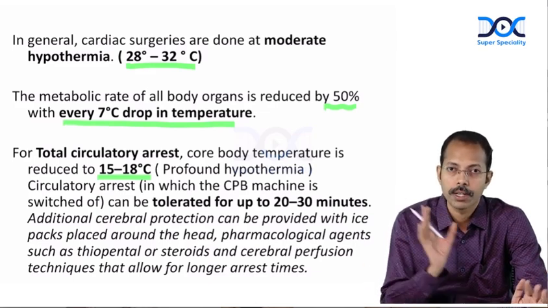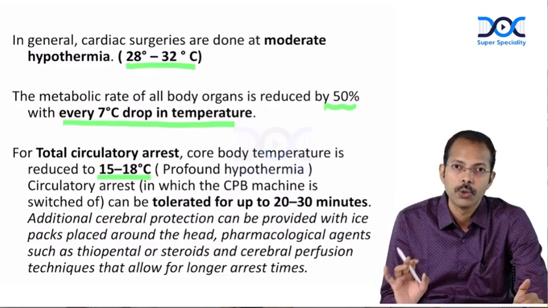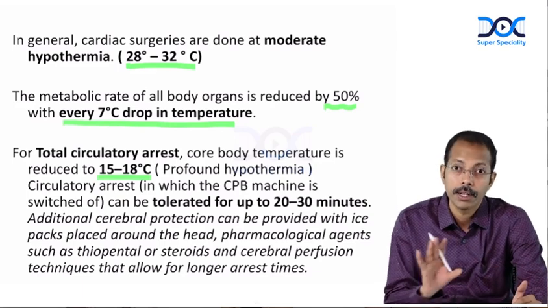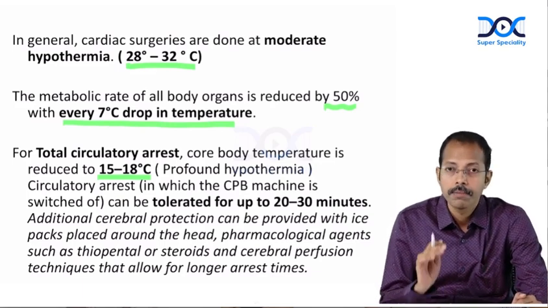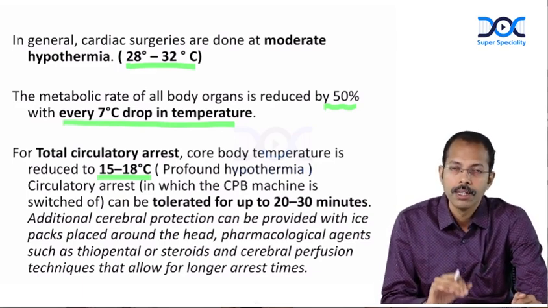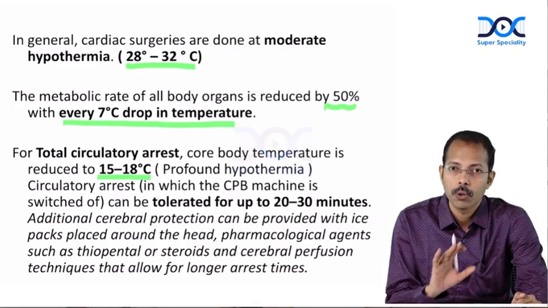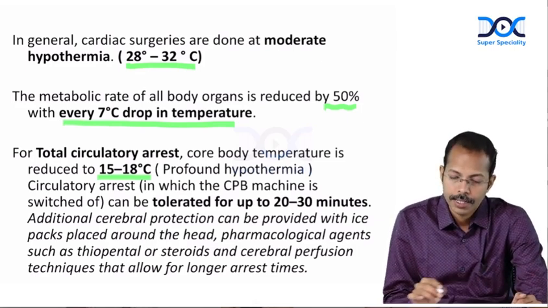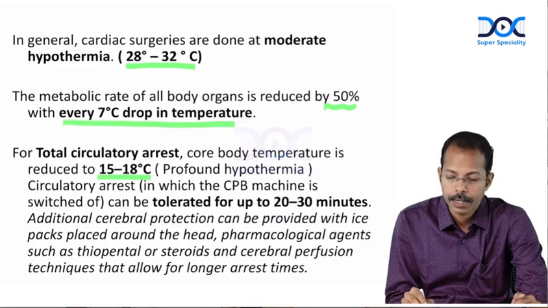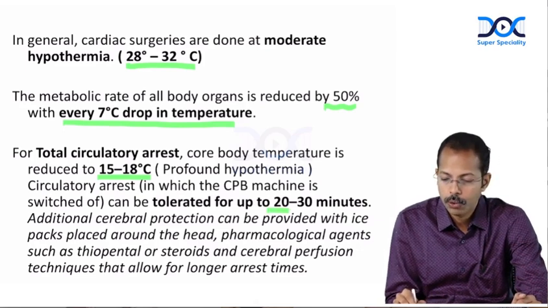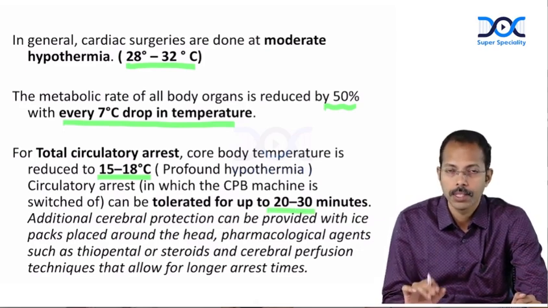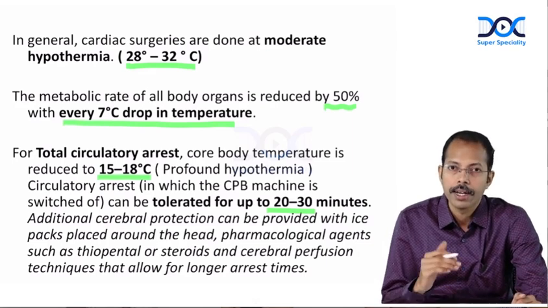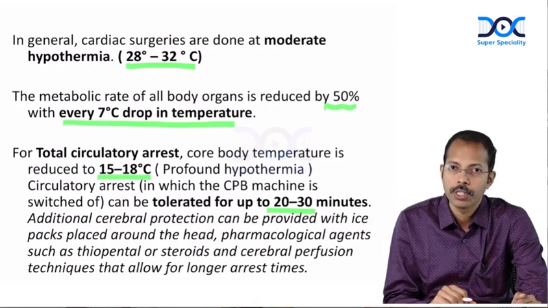So we are going to arrest the complete circulation to achieve a complete bloodless field. And the important point is that with total circulatory arrest with profound hypothermia, ischemia can be tolerated for up to 20 to 30 minutes. This is an MCQ, right?